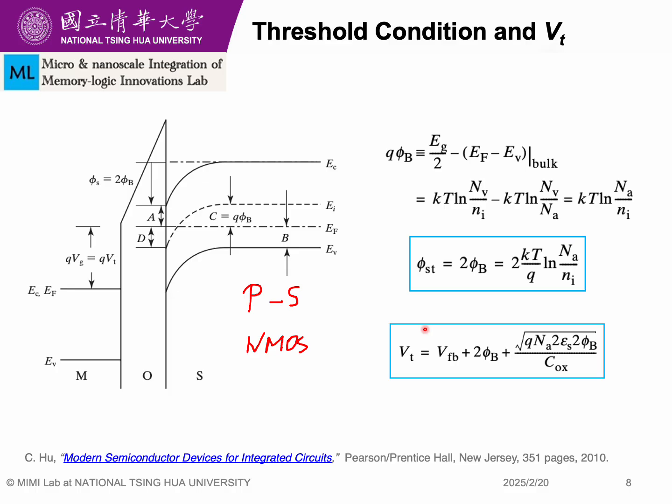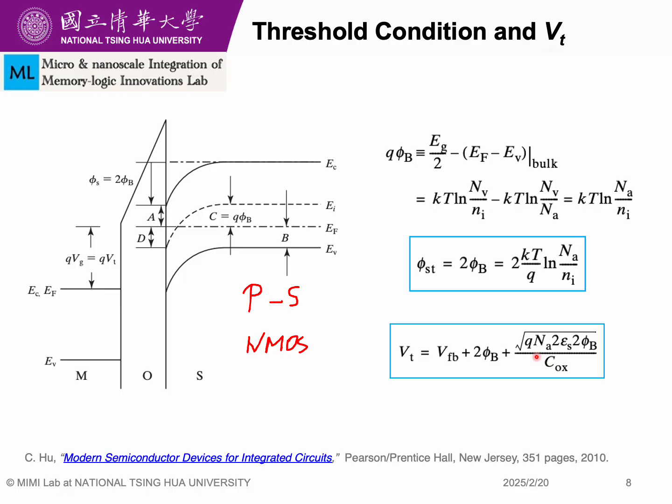From here we get the equation of threshold voltage, which is flat band voltage plus twice this bending plus this value. So now I would like to ask where this value is coming from.